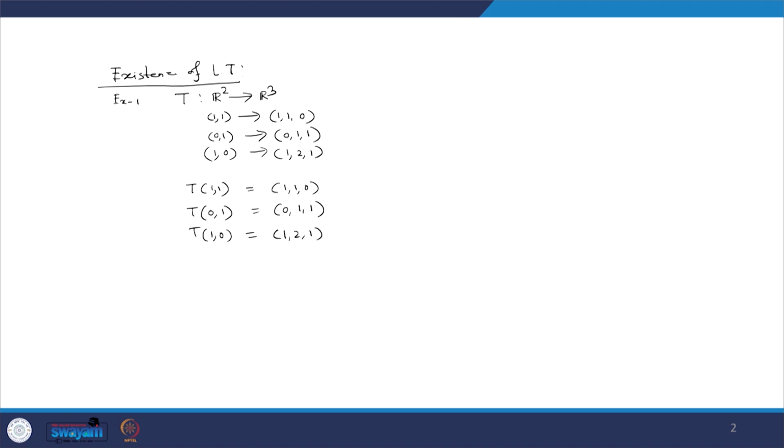First we see that the set {(1,1), (0,1)} is a linearly independent set. Call this B, and let B prime be the set consisting of (1,1,0) and (0,1,1).